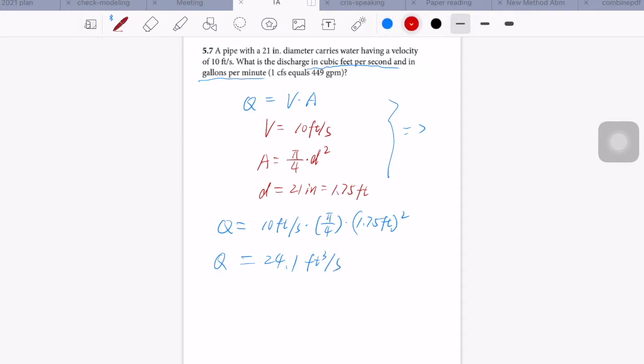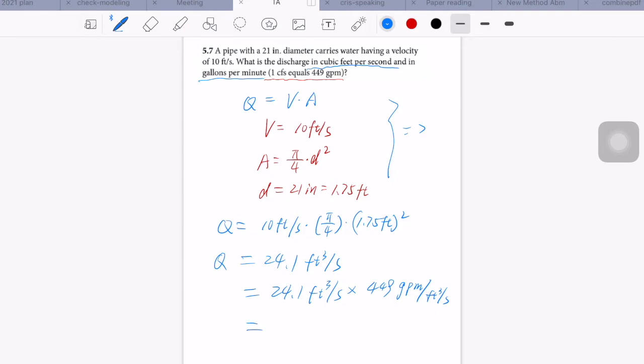And we know 1 cubic feet per second equals 449 gallons per minute. So we can get that Q also equals 24.1 cubic feet per second times 449 gallons per minute per cubic feet per second.